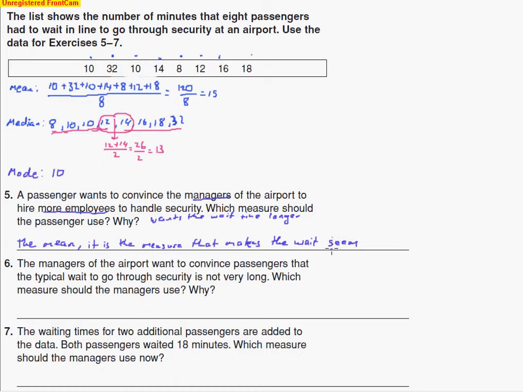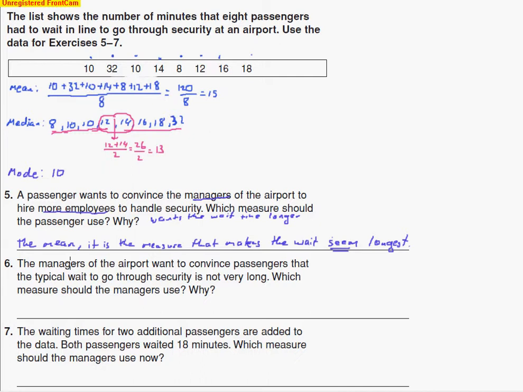That's all they're trying to do is make it seem longer, or we'll say longest in this case. The mean is the measure that makes the wait seem longest. So that's why the passenger would want to do that. Again, they're trying to skew the data to make people want to do what they want, and so that's why they'd end up using the mean.